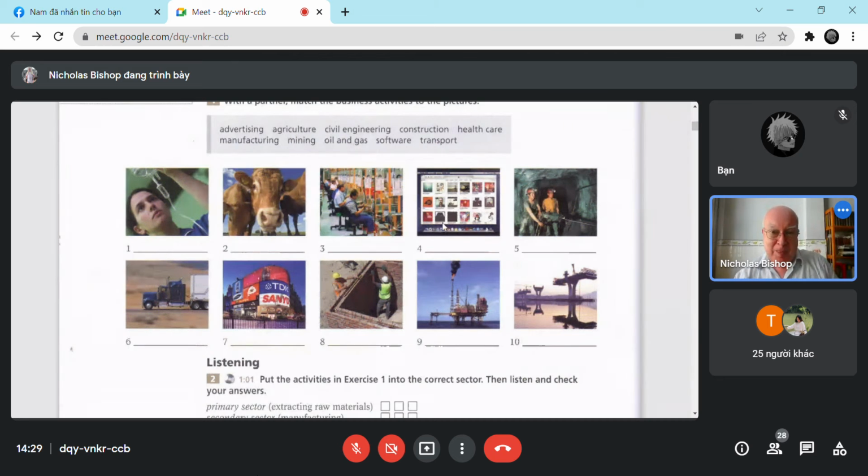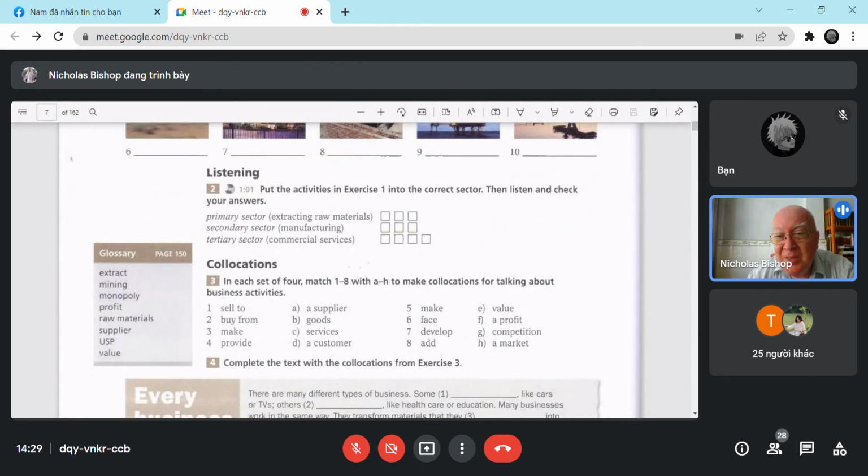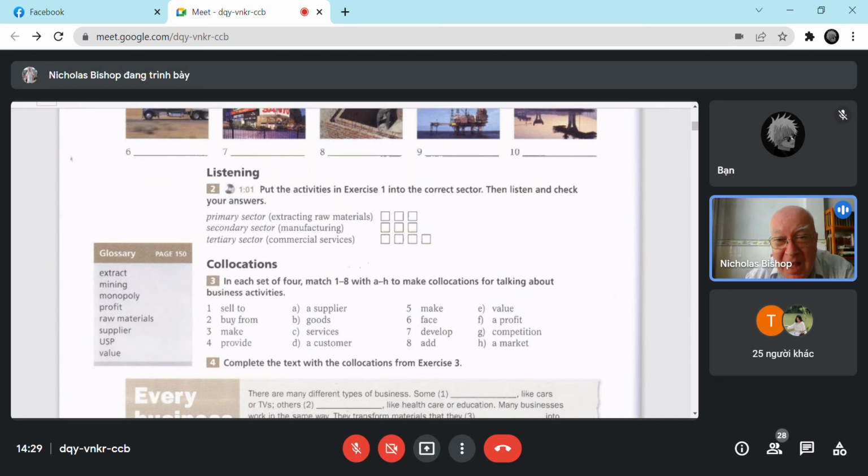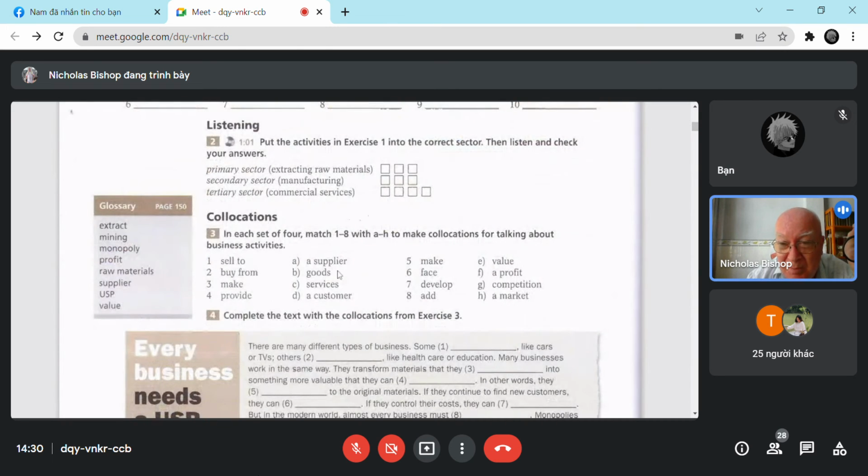We add those kind of extra things, the services, and again, we improve, we increase the value of something. So add value is also an important concept in business, from the raw material to a product to something that we take to the customer.